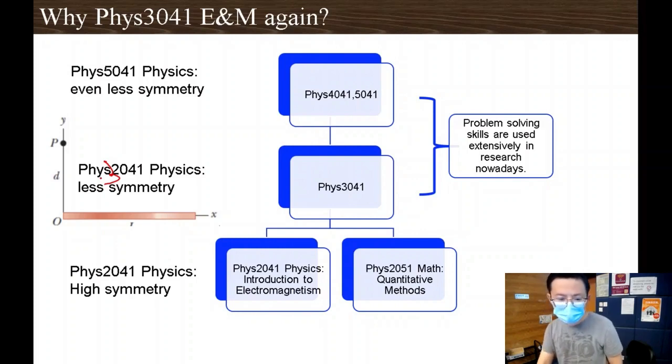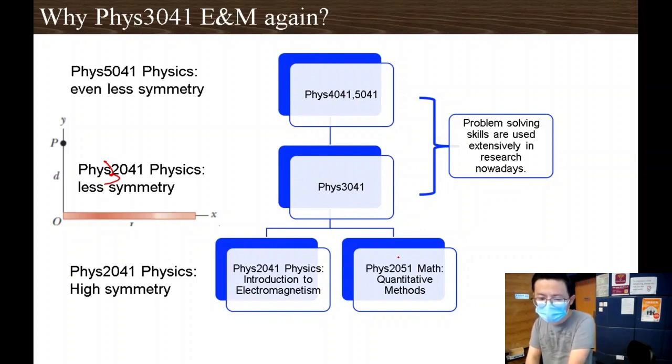Another way to look at this is that 3041 combines what you learned from 2041 and 2051. You learned a bit of mathematical methods in physics, but you were not sure why you learned this.